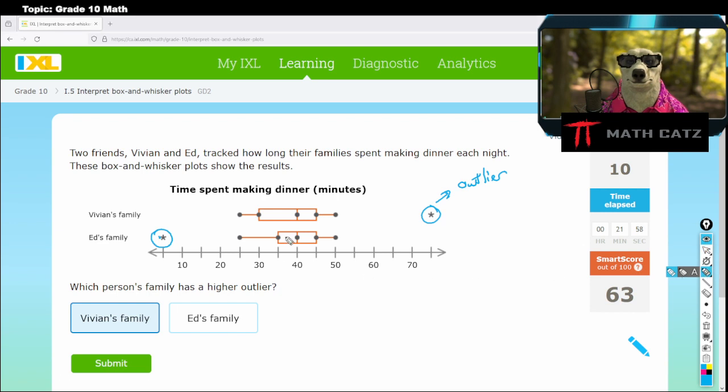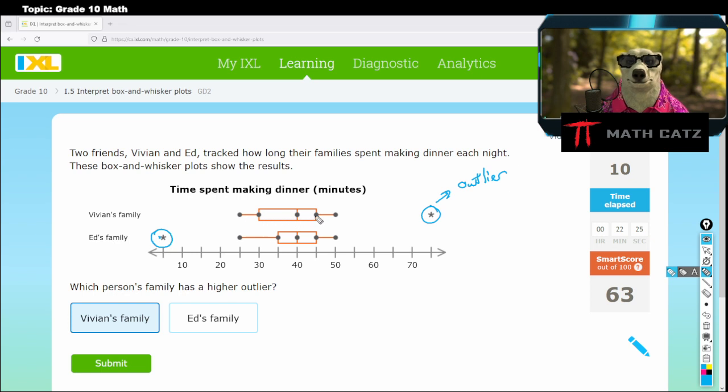We can answer a lot of other questions here. The minimum time spent making dinner is exactly the same. The maximum time is exactly the same. We can see the 25% of the time, Vivian's family ranges from 25 to 30, whereas 25% of the time, Ed's family ranges from 25 to 35.